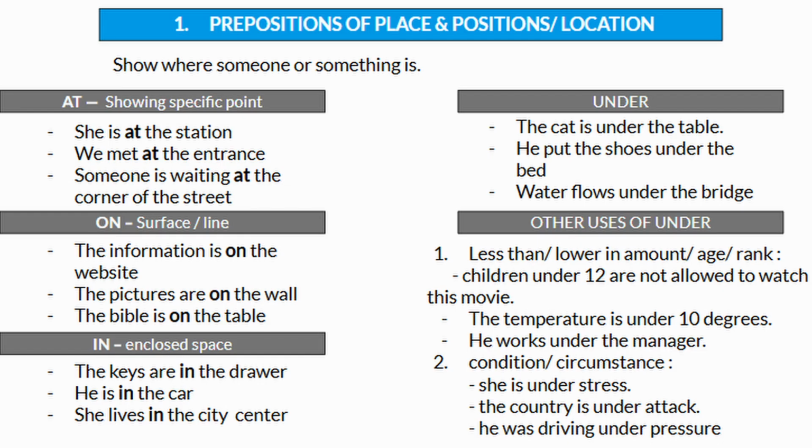These other uses of under, we will not call prepositions of place, but let's just have a look at them. We use under when referring to less than or lower in amount, age, rank, and so on.